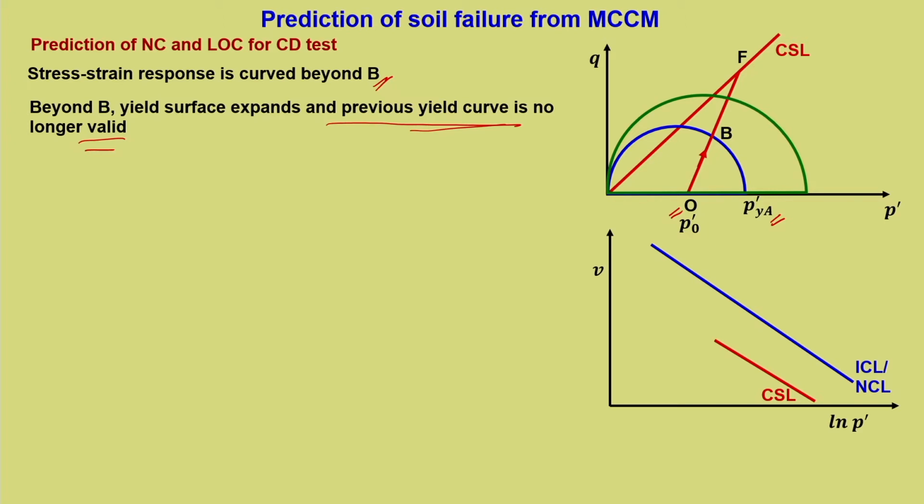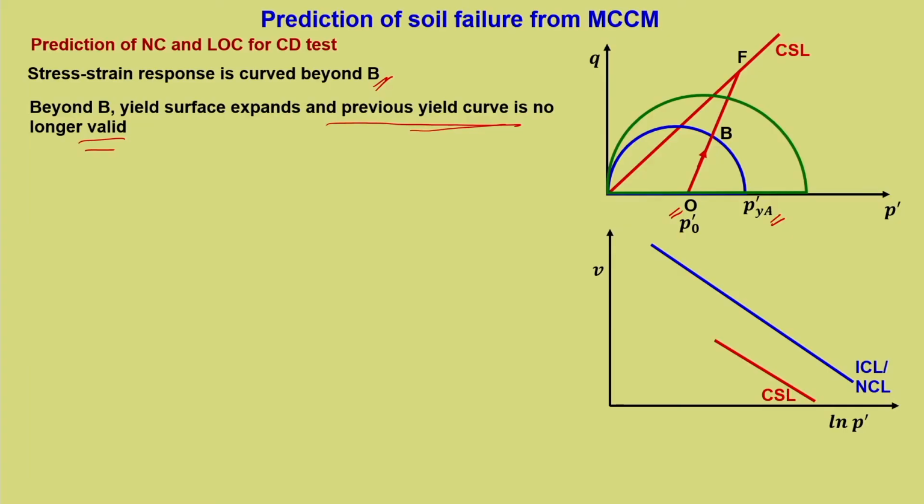Now, this is an intermittent yield curve, this green one. Before failure, you can see that this particular yield curve is not touching the point of intersection of ESP with critical state line. This we have discussed in our previous lectures, that which yield curve defines the failure one, that yield curve beyond which there is no further expansion of yield curve.